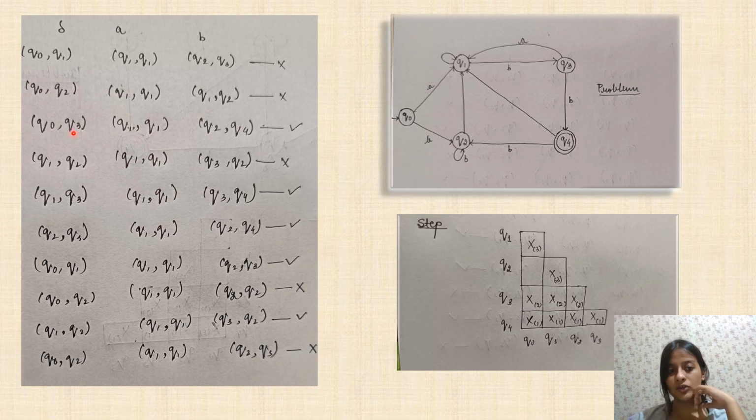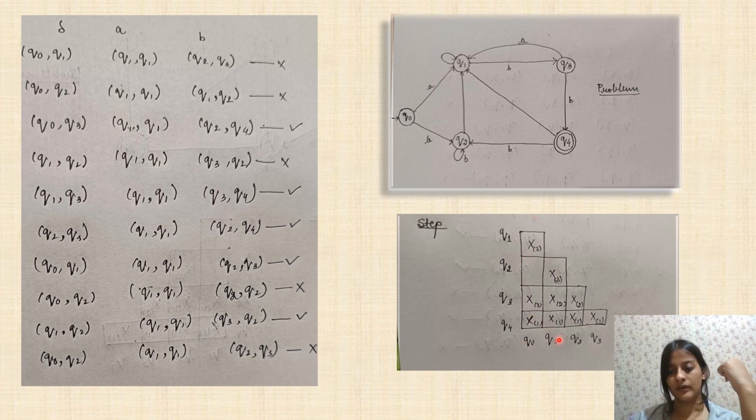Now we will mark Q0 and Q3. As I marked this in the second iteration, I wrote a cross and 2, as you can see over there. Now, is any other pair left with Q0? No, we have completed everything. Q0 and Q4 was already done at the first step. Q0 with Q1, Q0 with Q2, Q0 with Q3 is done.